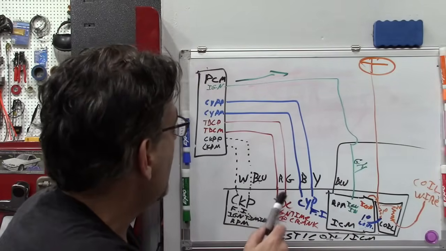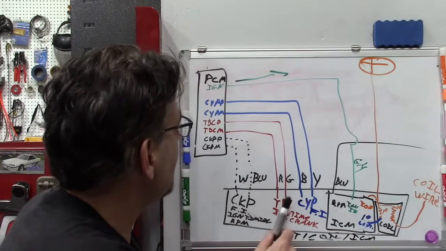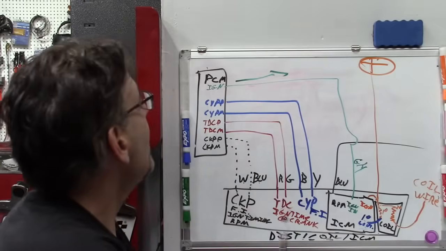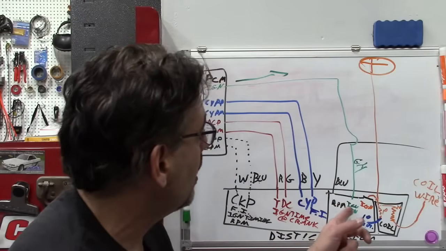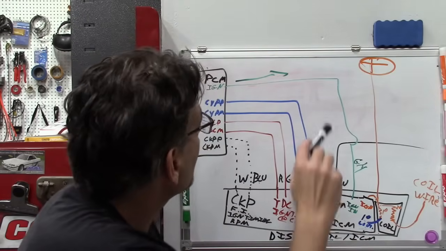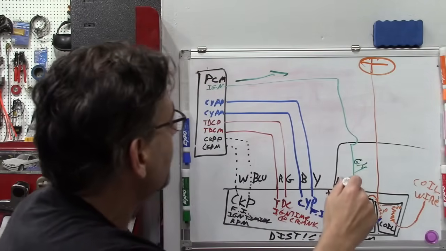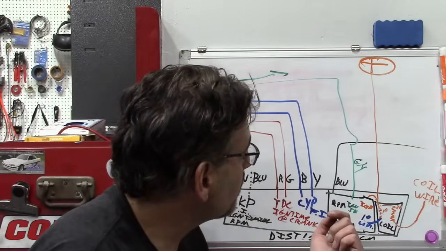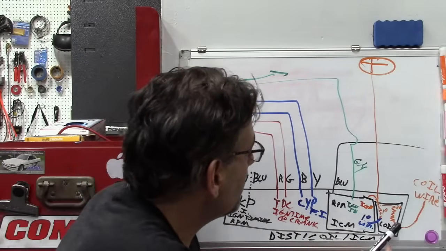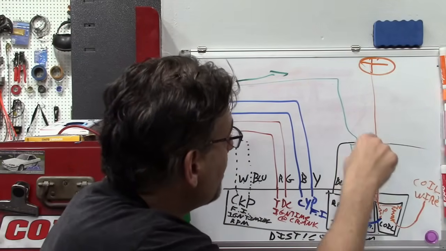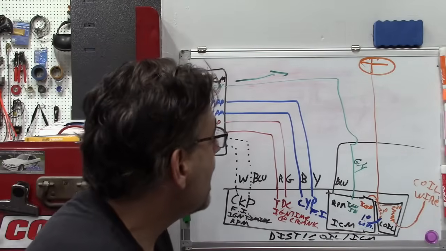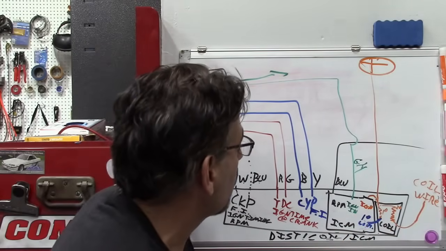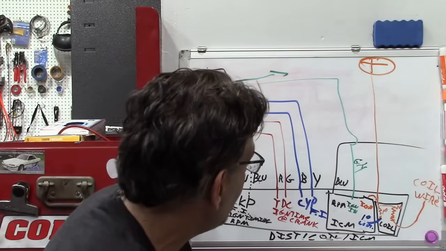You've got your inputs here with the CKP, TDC, and CYP that ultimately will have the PCM output an ignition signal that will spark the coil. I put in my own ignition signal and did not spark the coil. So our variables are, we may have a problem with the coil. The coil itself could be bad. We could have a problem with coil ground because that was not tested.